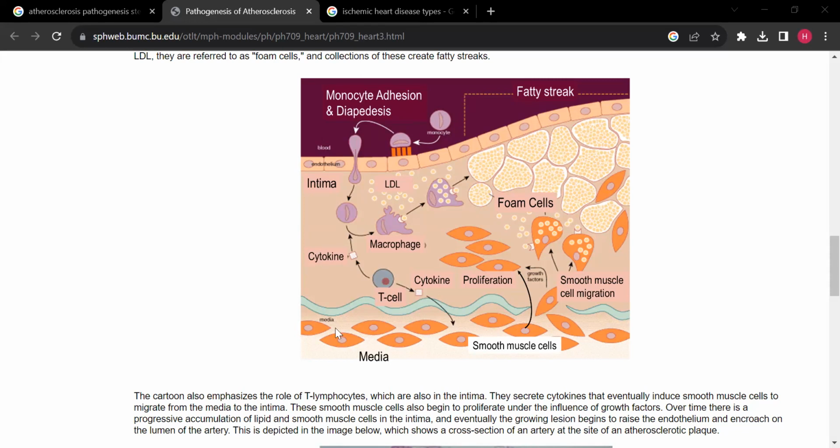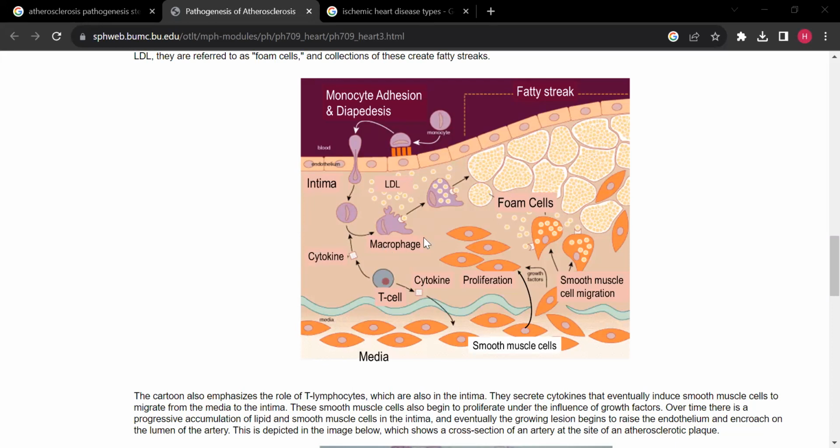All this process happens between the tunica media and the tunica intima, which are the innermost layer and the middle layer. Once these monocytes have entered this space, they will turn into macrophages.